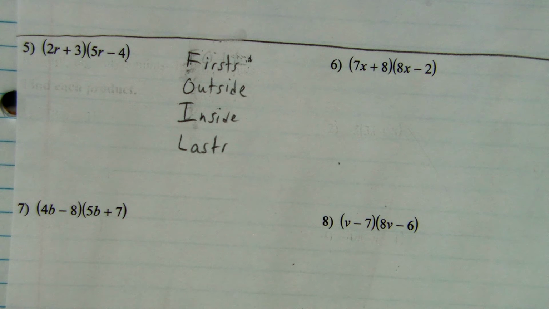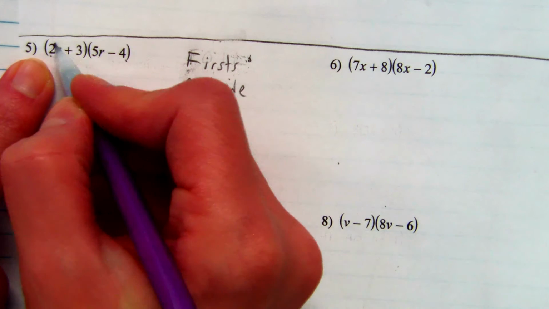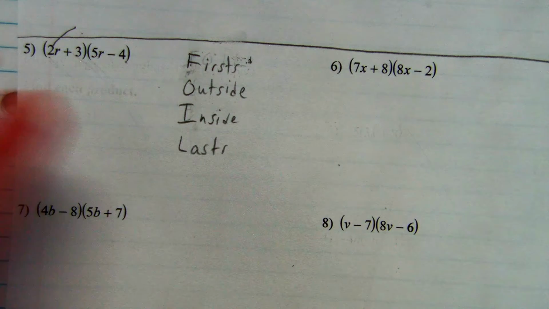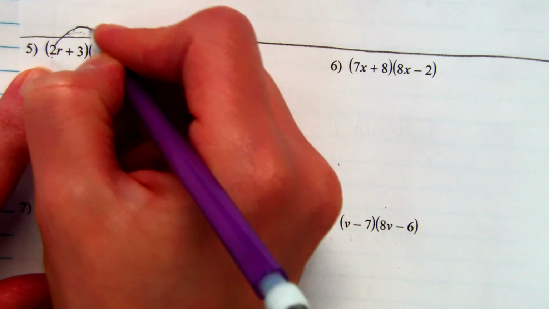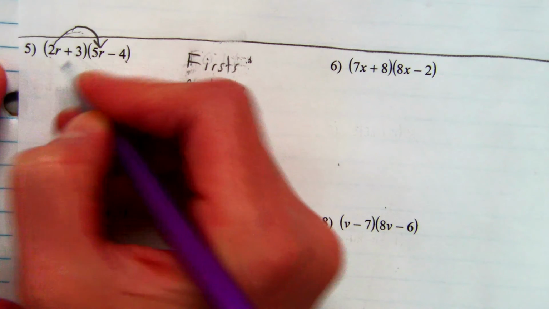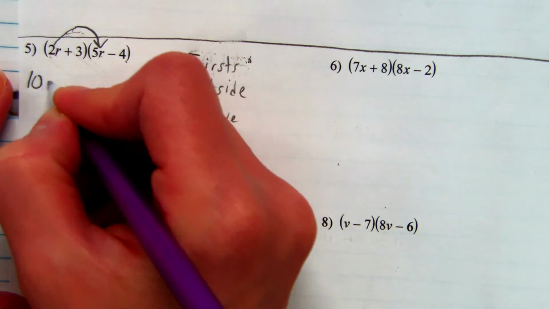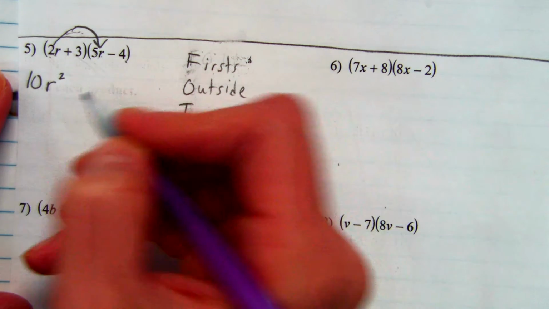So my firsts are when I'm going to take the first term of this parentheses times the first term in these parentheses. So I'm going to take 2r times 5r. So 2 times 5 is 10, and r times r is r squared. So that's my firsts.